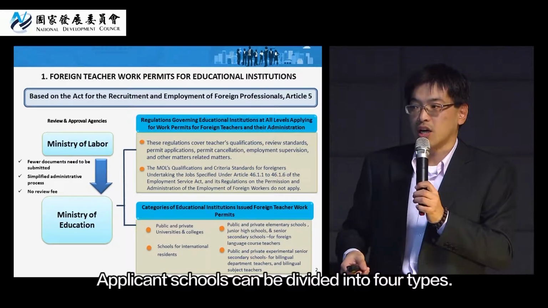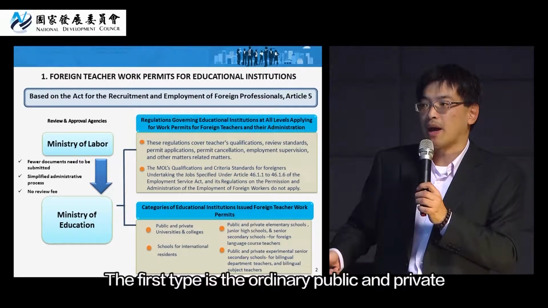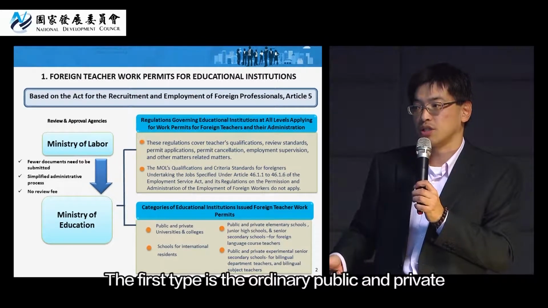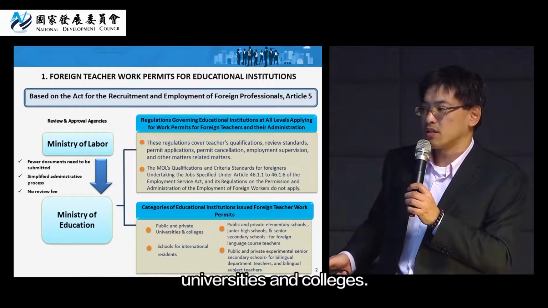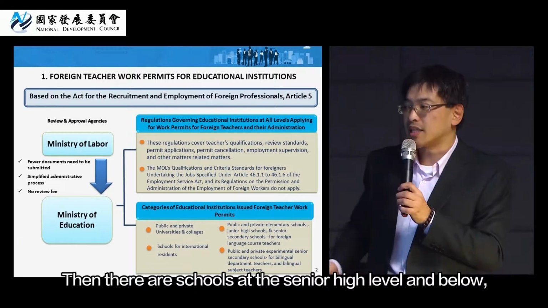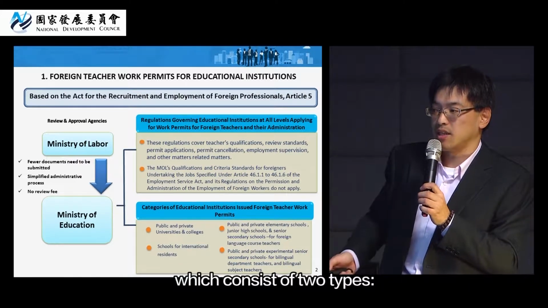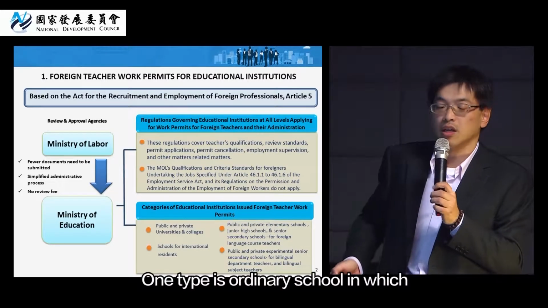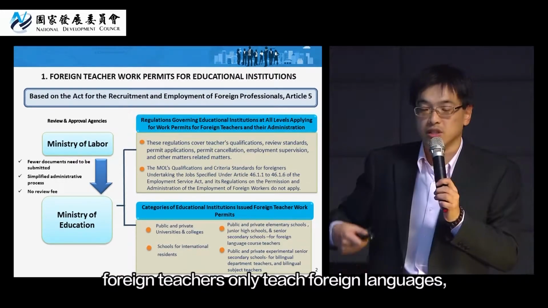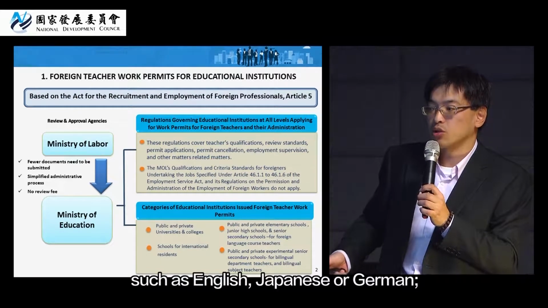Applicant schools can be divided into 4 types. The first type is the ordinary public and private universities and colleges. Then there are schools at the senior high level and below, which consist of 2 types. One type is ordinary school, in which foreign teachers only teach foreign languages such as English, Japanese, or German.